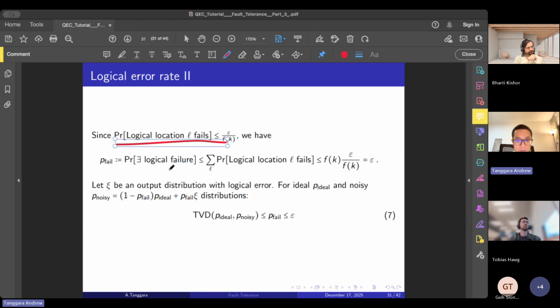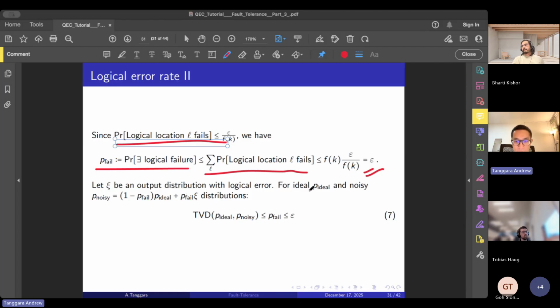So then we just put everything together, because now we know the probability of some particular location failing, or we have an upper bound for that. So the probability of some failure, we can just use the union bound, and then upper bound using what we got from the previous slide. So now we get this probability of failure upper bounded by this epsilon.